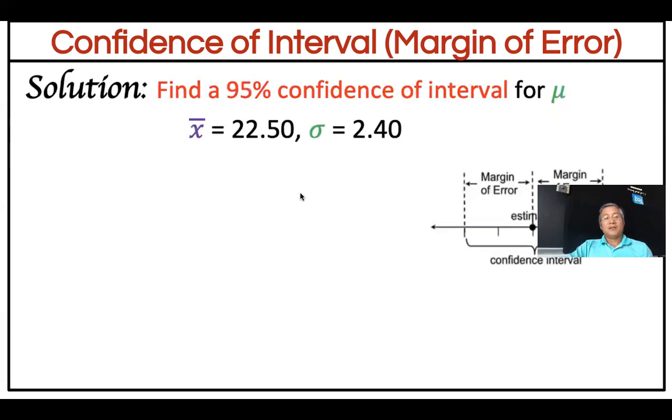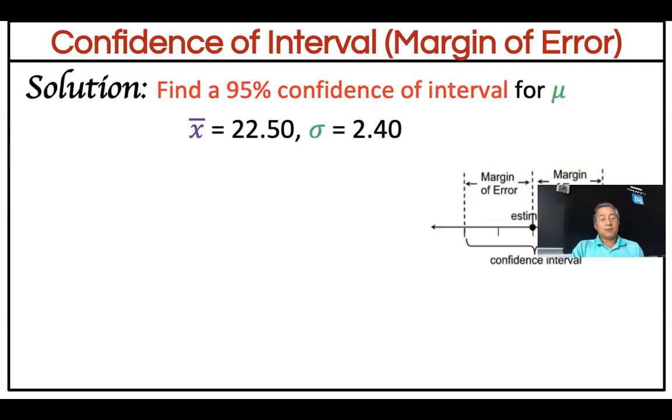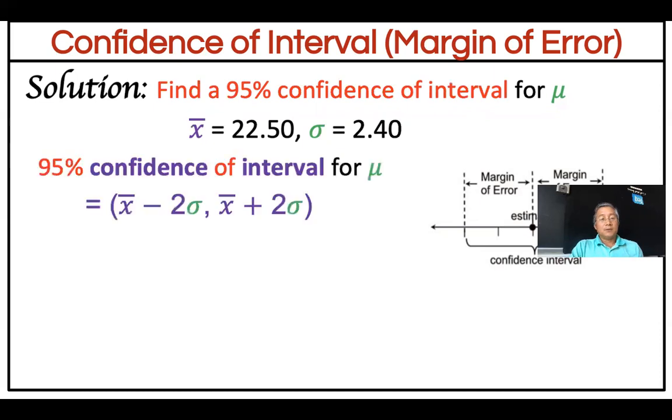So this is the sample mean, 22.50, and the standard deviation is 2.40. One more time, how do you get the 95% confidence interval for the mean? This mean is from the entire population, the population mean.